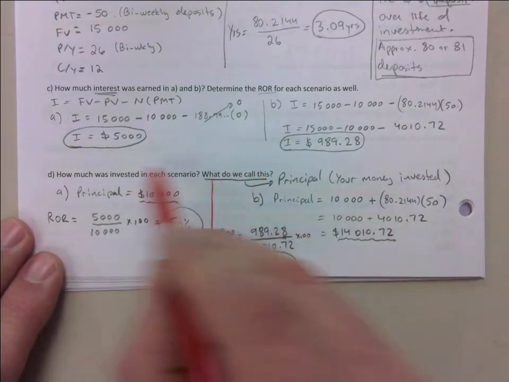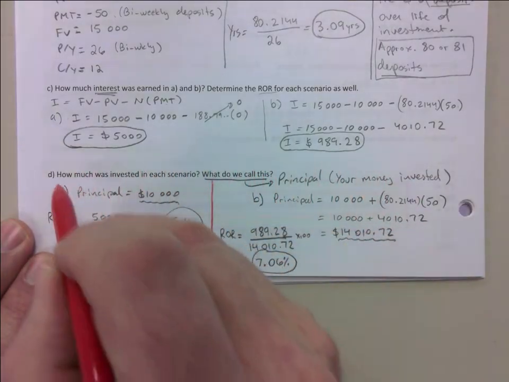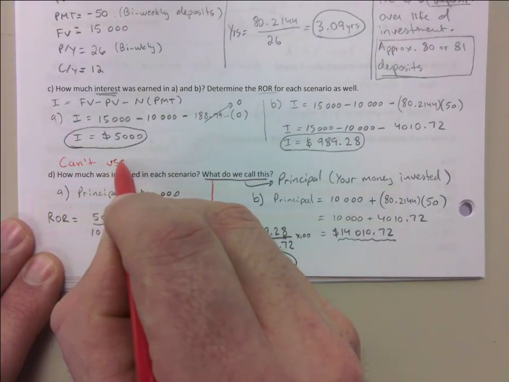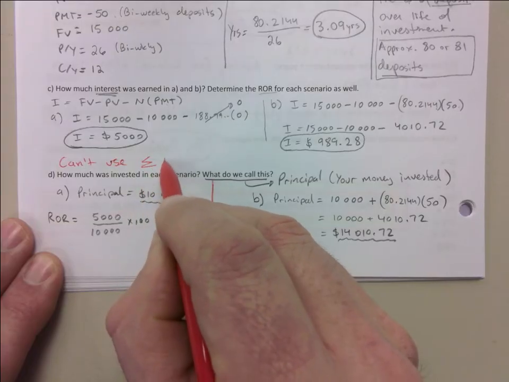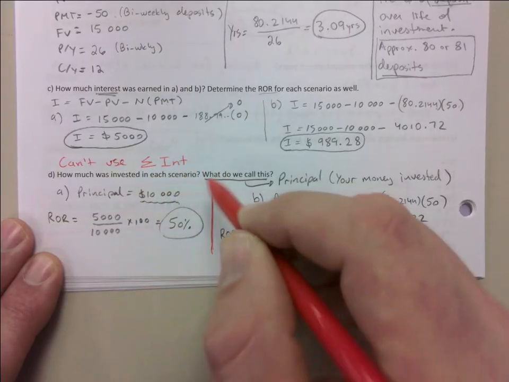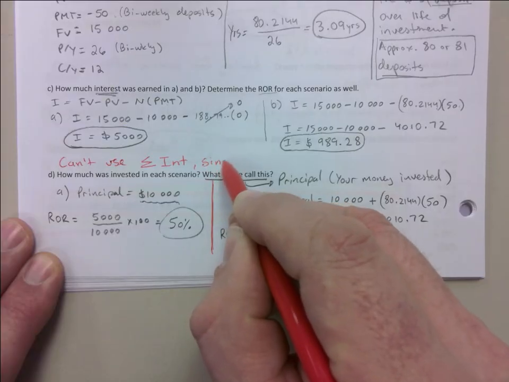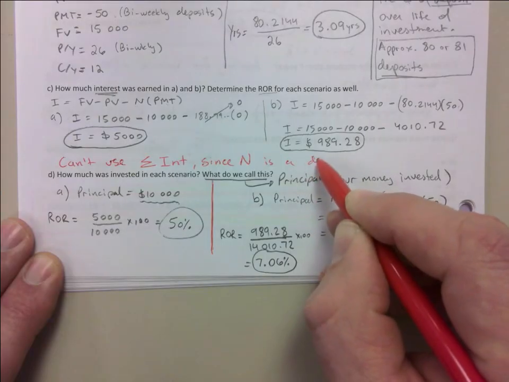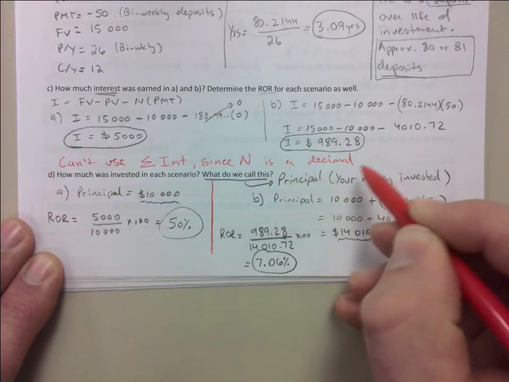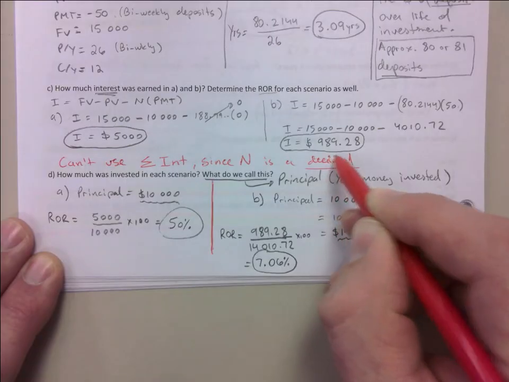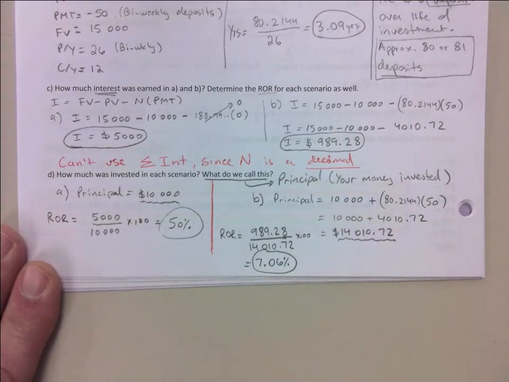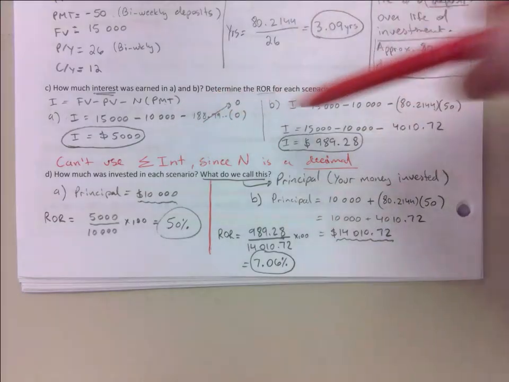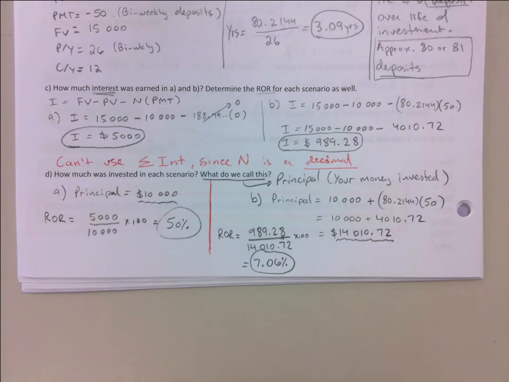I'm going to use a red pen for this one. Can't use sum of interest since n is a decimal. That's a big reason why I had to use the formulas that I gave you.